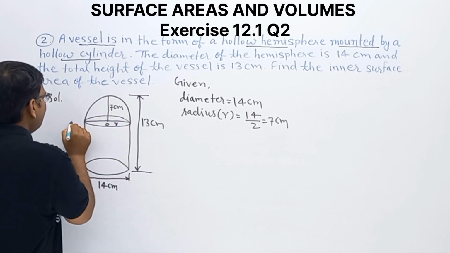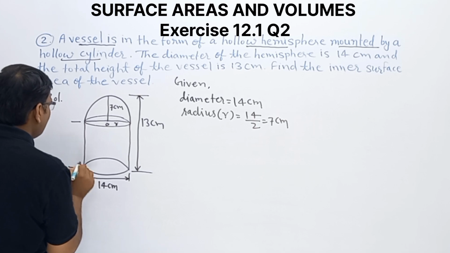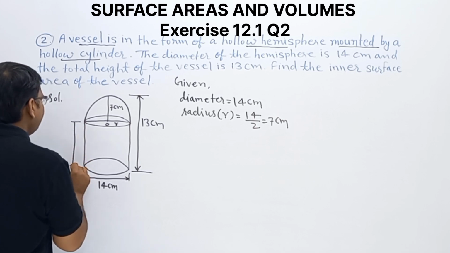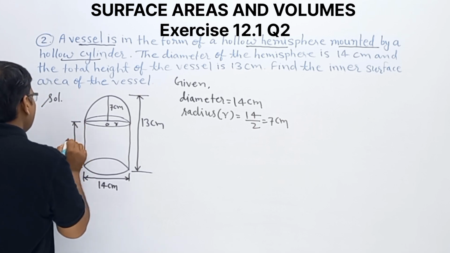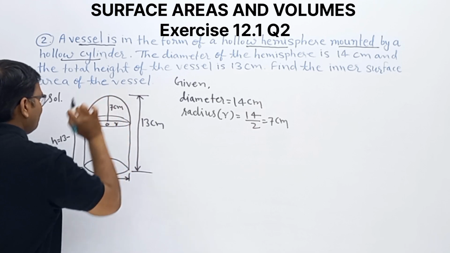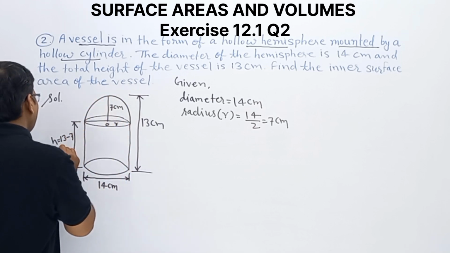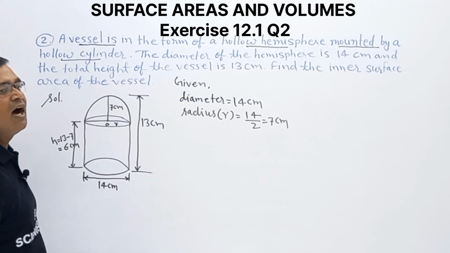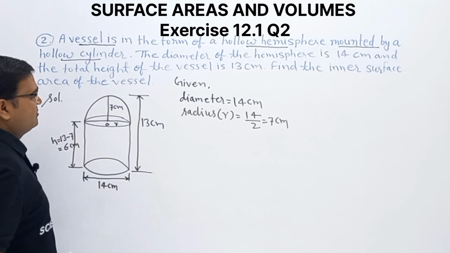So what about the height of the cylinder? Height of the cylinder, h, equal to the total height 13 centimeter minus this one, 7 centimeter. So 13 minus 7 is 6 centimeter, the height of the cylinder.